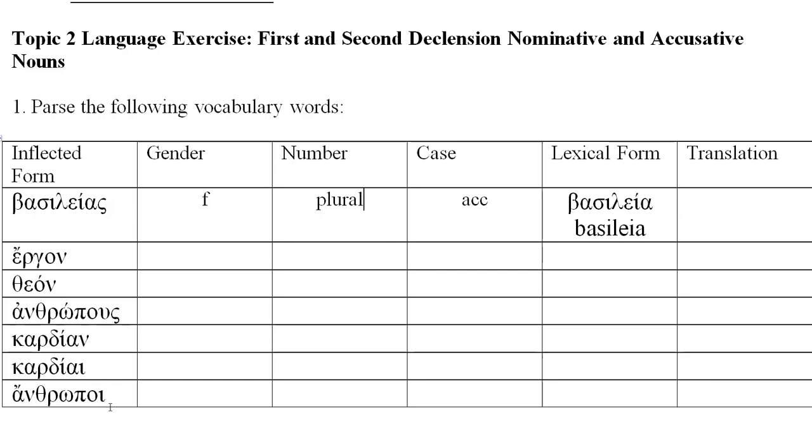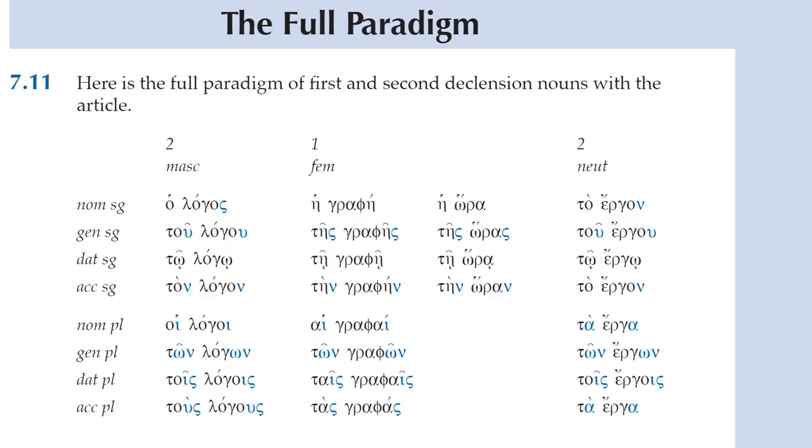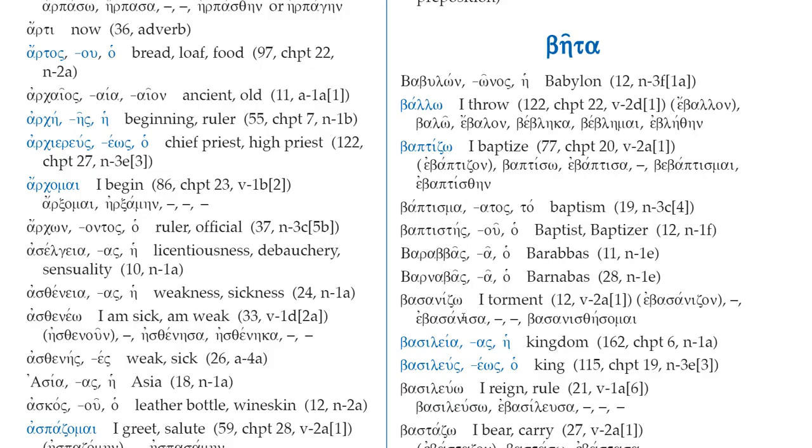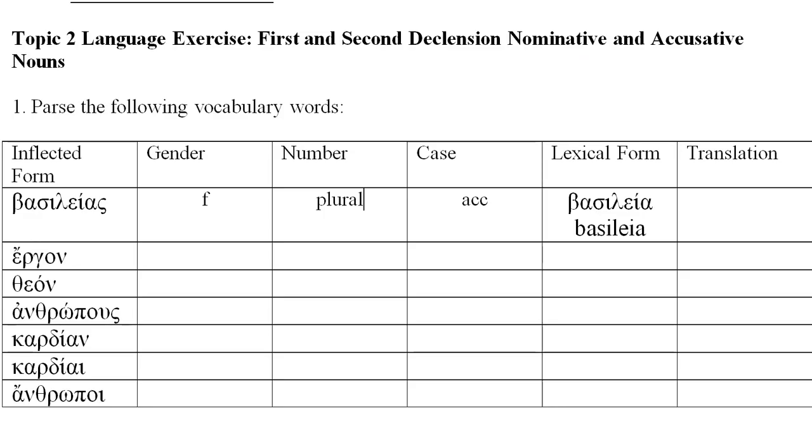And for our translation, go back over to our lexicon, we see that our meaning here is kingdom. But notice that it's a plural, so our translation here is kingdoms. We have a plural word, and so it will be plural, kingdoms.